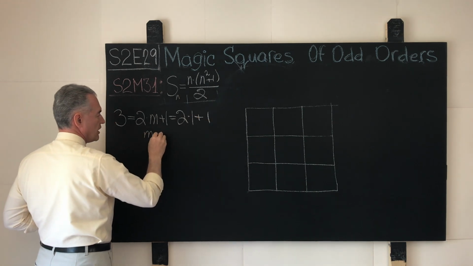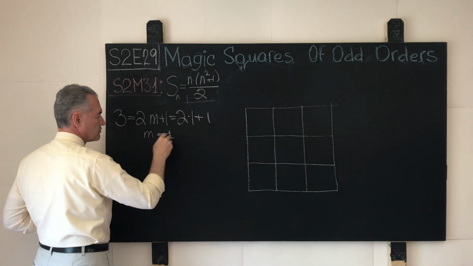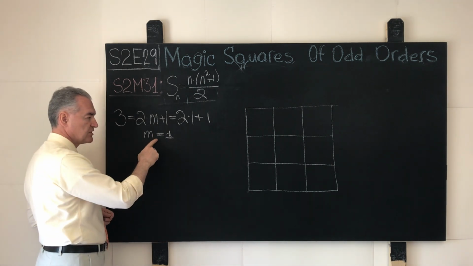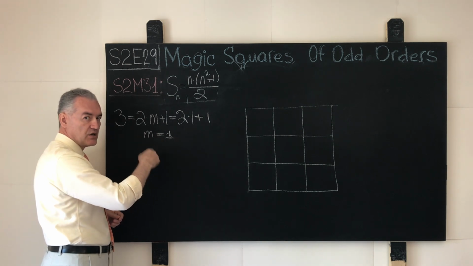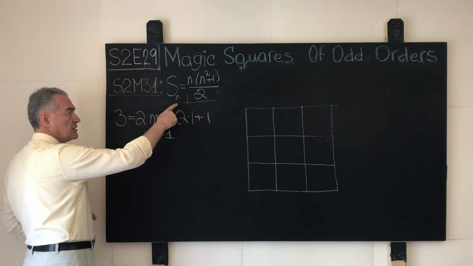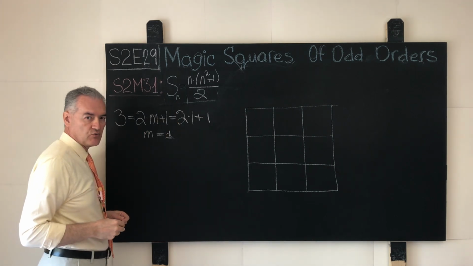That means m is equal to 1. And we right away know that in the step number 2 of our algorithm, we will have precisely one layer in each diminishing pyramid. But for now, we want to compute the constant of the magic square of order 3.